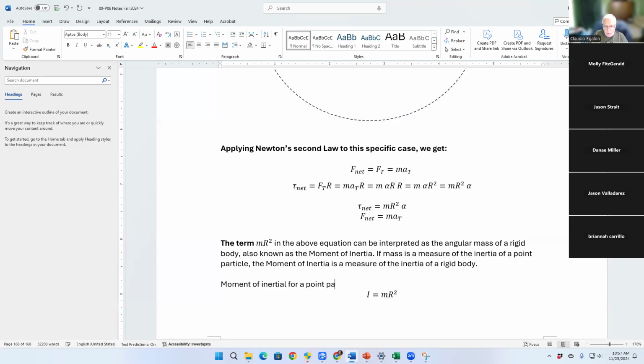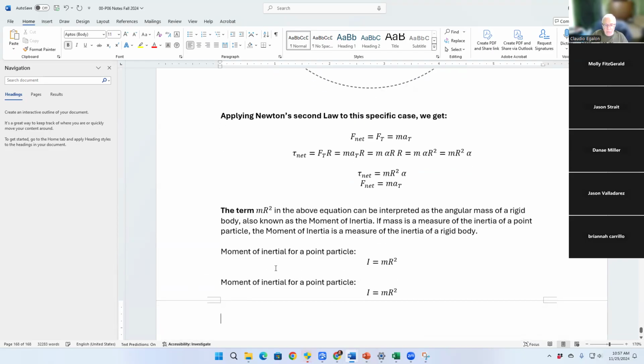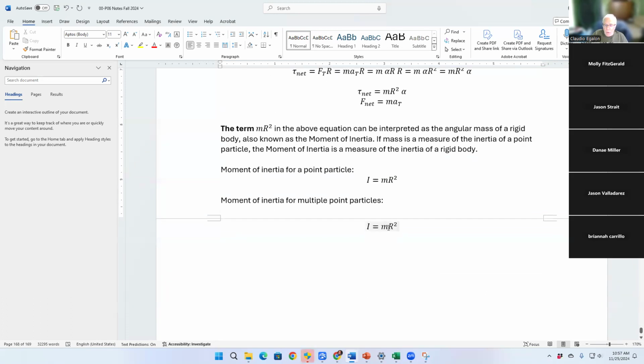Now, the moment of inertia for multiple point particles would be a summation. Yeah, there you go.